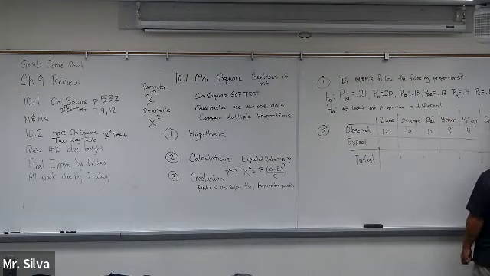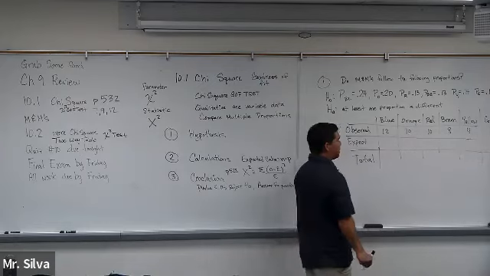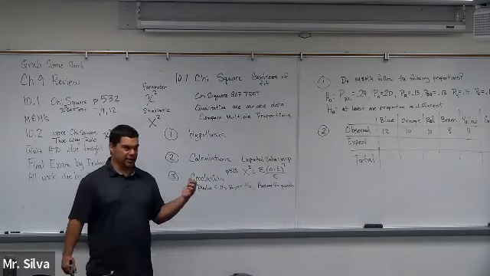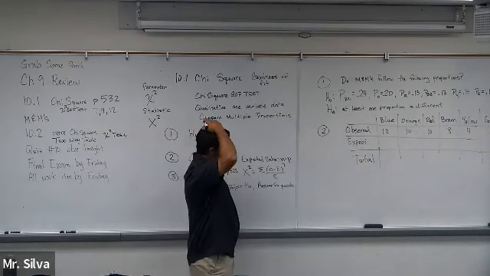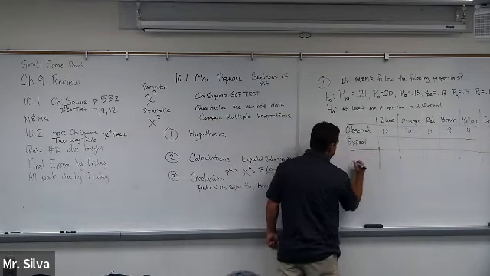Green. Total. All right, so I opened up my bag of M&Ms and that's what I got. Well, actually, it's not total down here. This is going to be our chi-squared statistic.